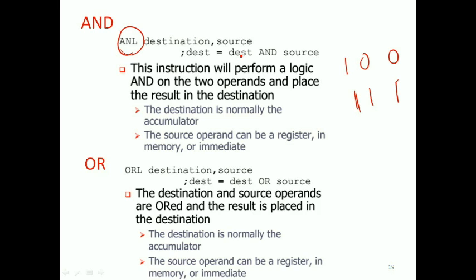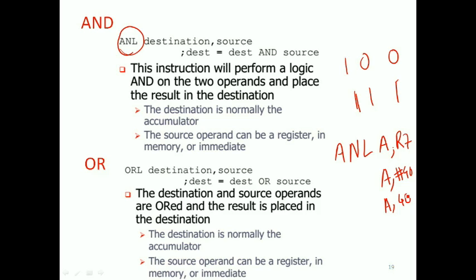So you can say ANL accumulator, comma, a register, or ANL accumulator, comma, #40, an immediate data, or even a memory content, maybe a direct address location, 40H. So AND logic is possible.